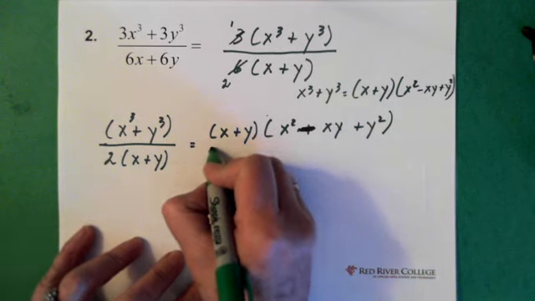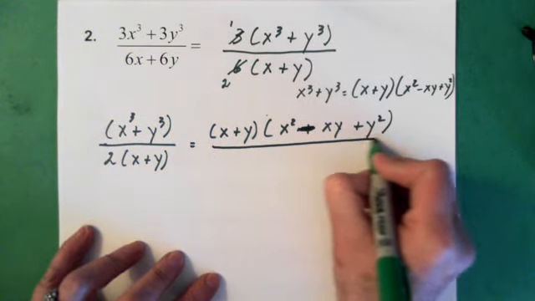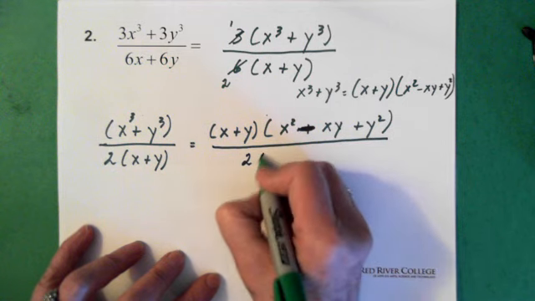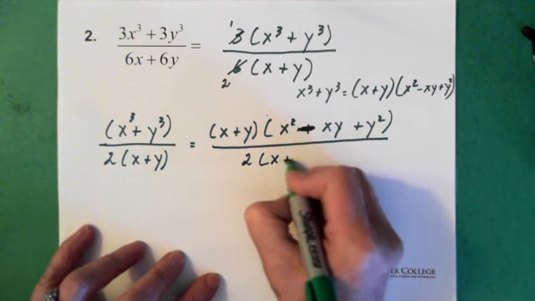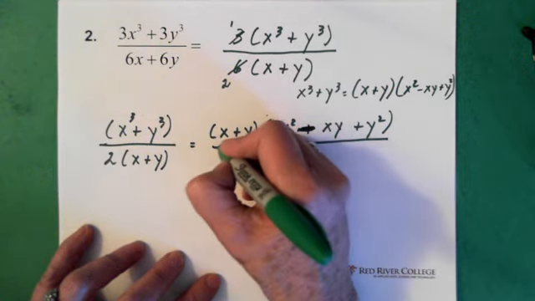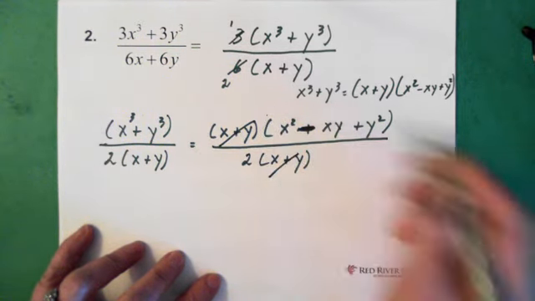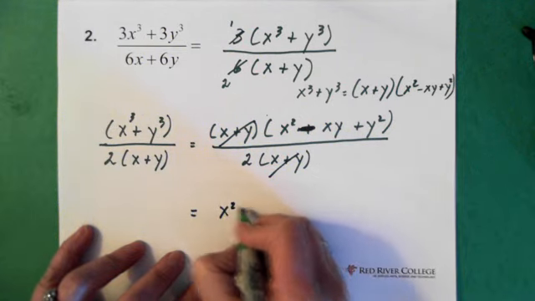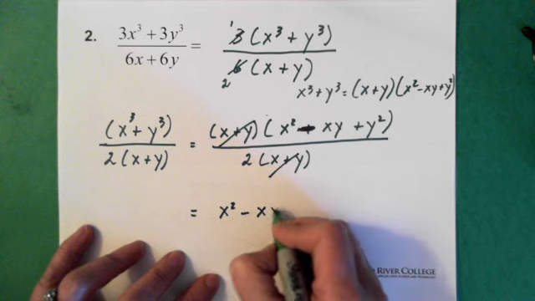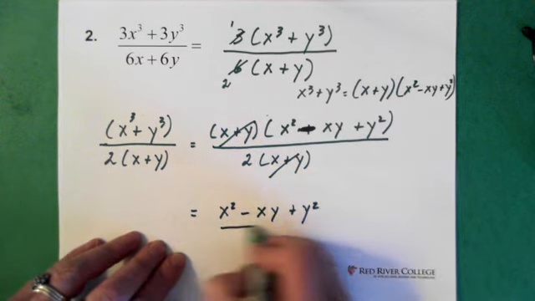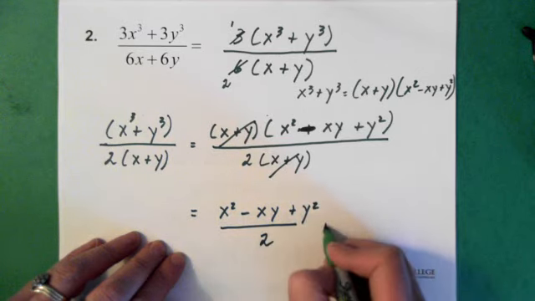And in the denominator, we have our 2 times the x plus y. So we can see here that our x plus y's cancel, and we're left with an answer of x squared minus xy plus y squared divided by 2. And that would be your answer.